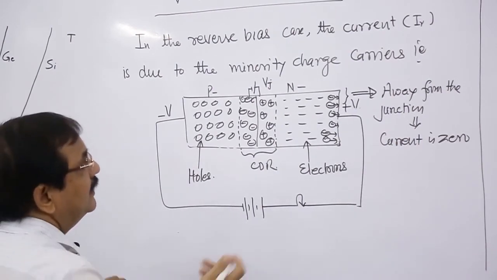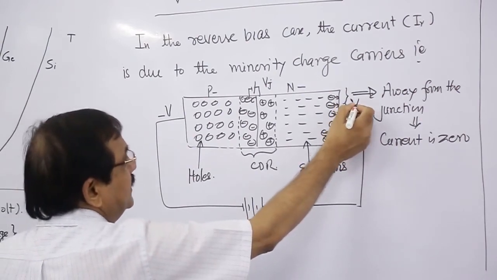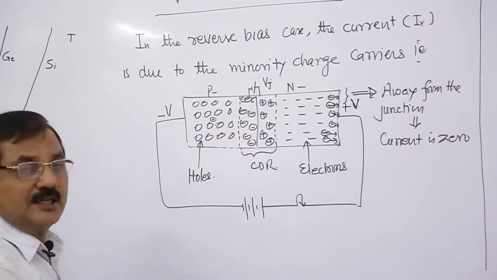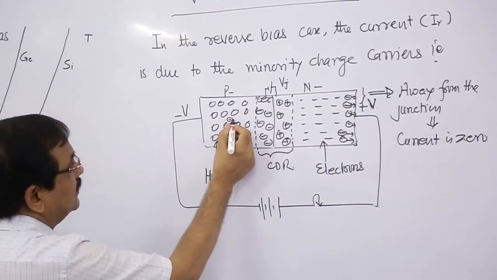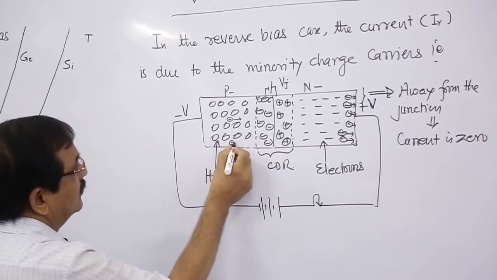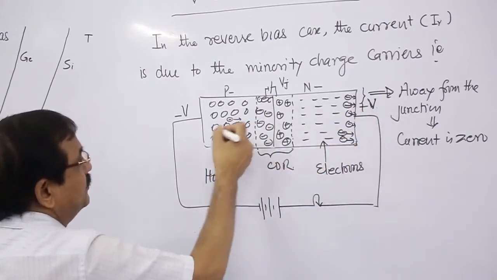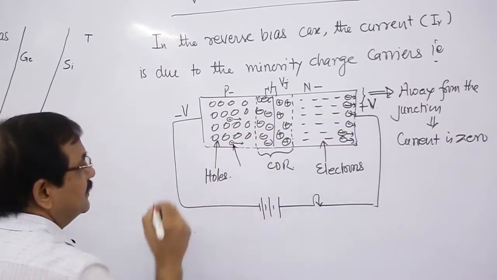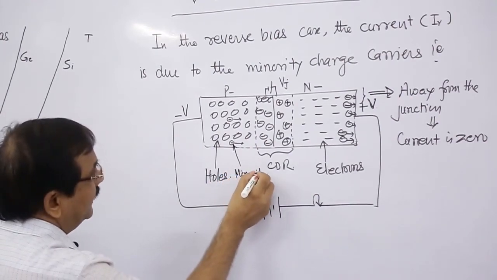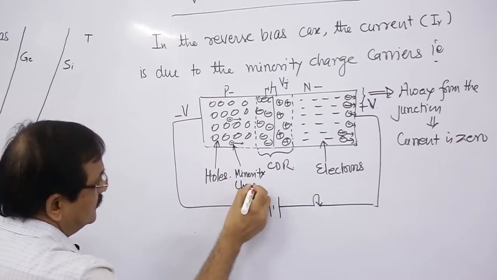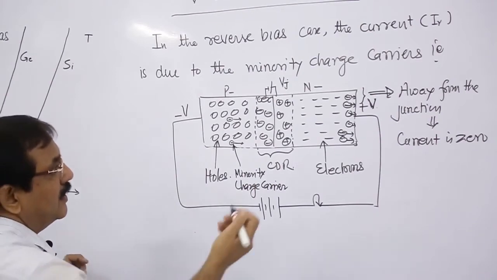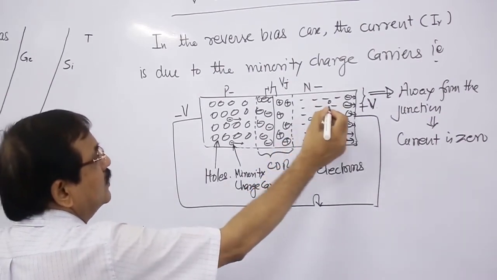So what will happen? This positive potential attracts this electron, and this electron is called a minority charge carrier. And here it is holes.